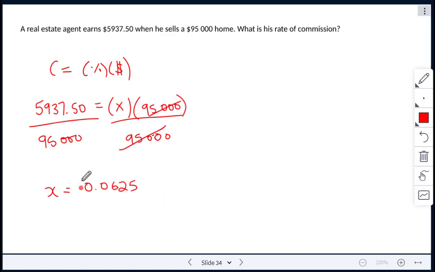We just have to take that and multiply it by 100 to put it into percent. So in percent, 6.25% is the answer. His rate of commission is 6.25%. And of course, you would write that down as a sentence to end the problem.